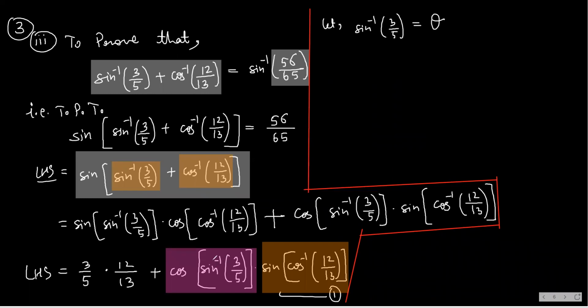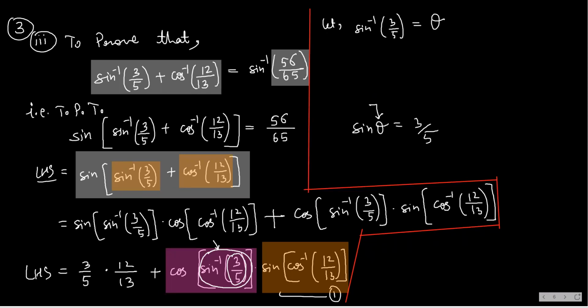We all know that this is nothing but an angle. Which angle? It is the angle for which the sine value is 3 upon 5. Suppose you know sine theta equals 3 upon 5, then you will definitely be able to write that theta.